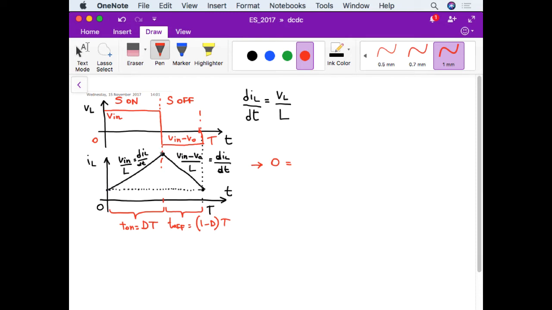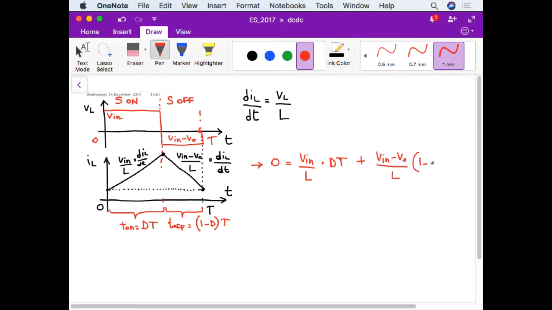So, the total increase is the following. The derivative of the current in time times the time, which is V in over L times T on, plus the variation during the subsequent T off, which is V in minus VO over L. This is the derivative times the duration of T off, which is 1 minus D times T. So this is the equation that we get.